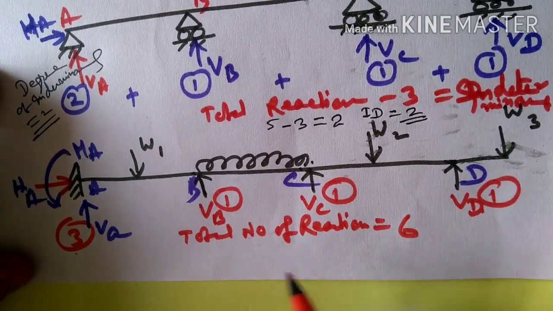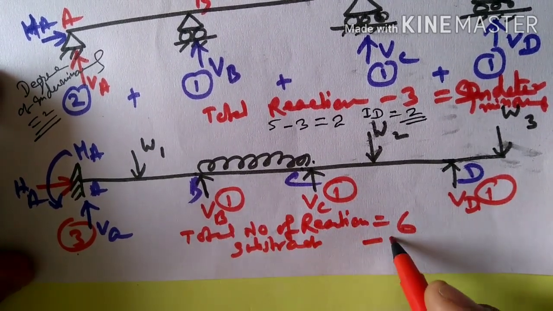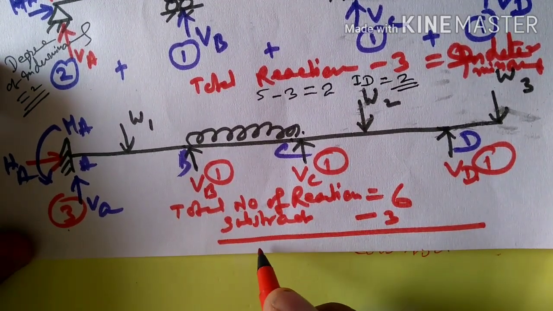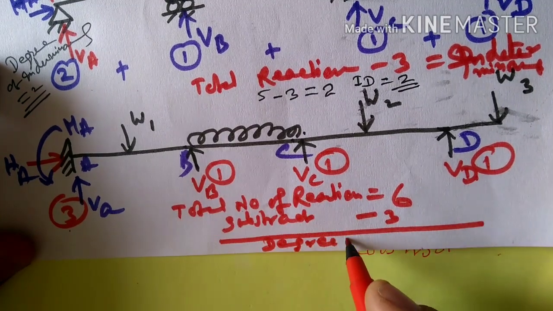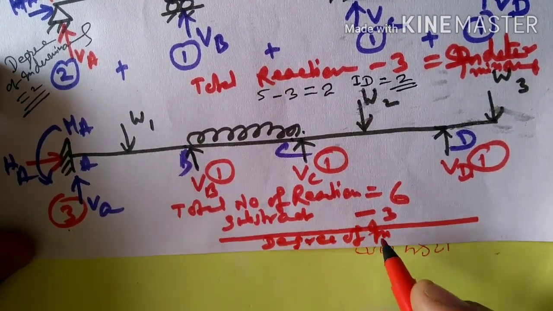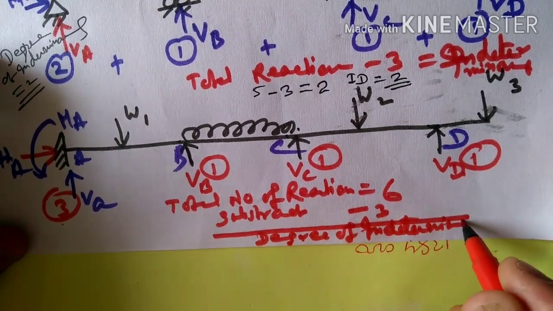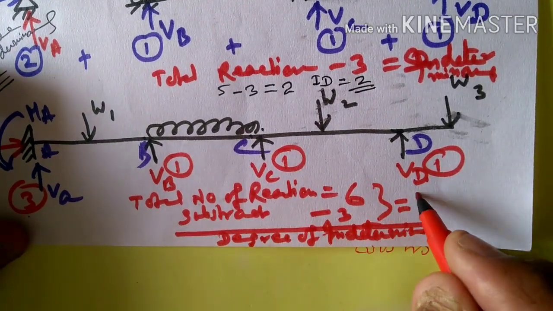6. Just subtract 3. Then you will get degree of indeterminacy equal to 6 minus 3, 3.